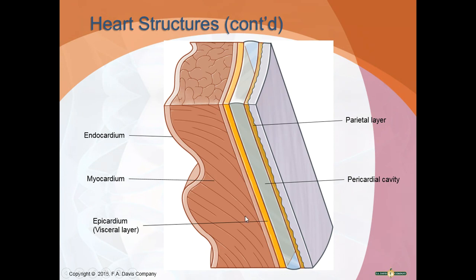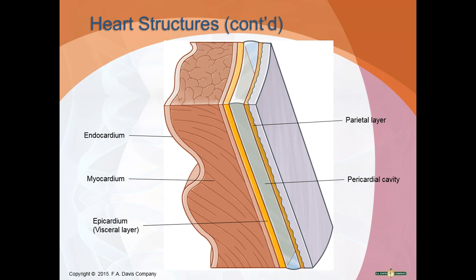At the heart's base, the serous pericardium folds back on itself to form the parietal layer, which lines the inside of the fibrous pericardium, and the visceral layer, which covers the heart surface. Everything that's visceral is going to be on the surface of the organ itself.